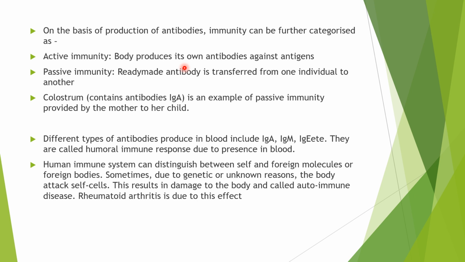Active immunity is slow and takes time to give its full effective response. Injecting a microorganism during immunization, or an infectious organism gaining access into the body during natural infection, induces active immunity. This is about active immunity.